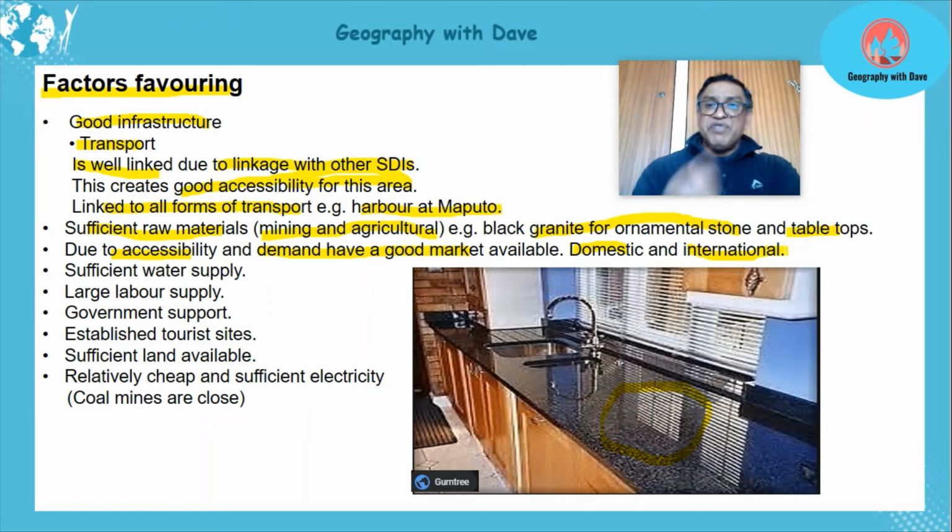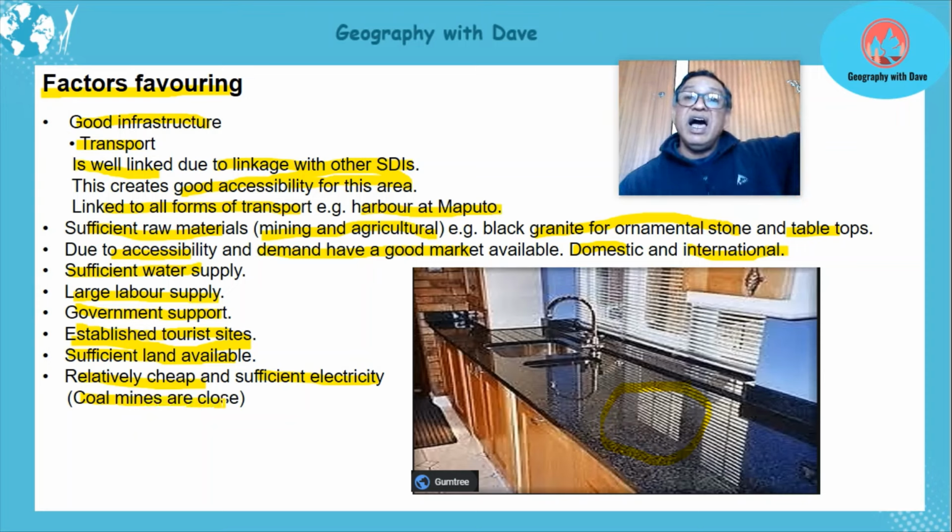Beautiful factor favoring. We have sufficient water supply in the area, large labor supply. These are the general factors again. Government support again. And we have established tourist sites already, which we can increase in number, like your Sun Cities, etc. Sufficient land available and relatively cheap, and sufficient electricity close. Coal mines are close.